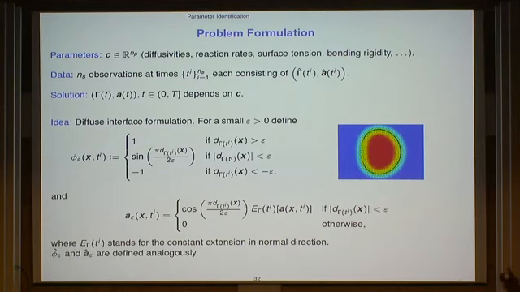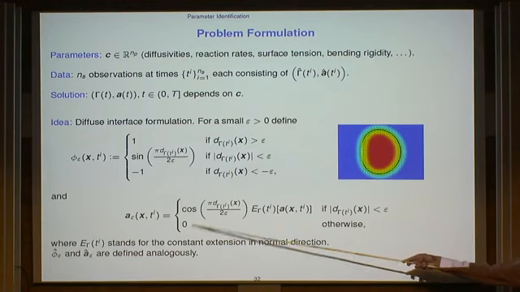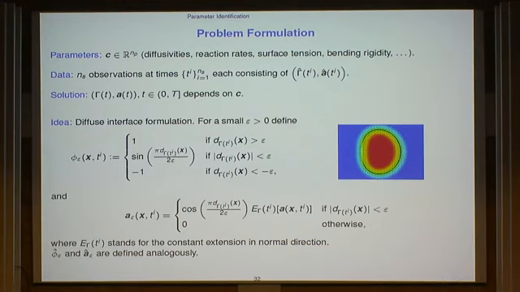It takes the surface and thickens it into a diffuse interface. Similarly, I can define an extension of my concentrations away from the surface through this A epsilon. A epsilon extends the concentrations constantly in the normal direction and weights them by the distance from the curve. This gives me a diffuse interface representation of the position and the surface concentration.